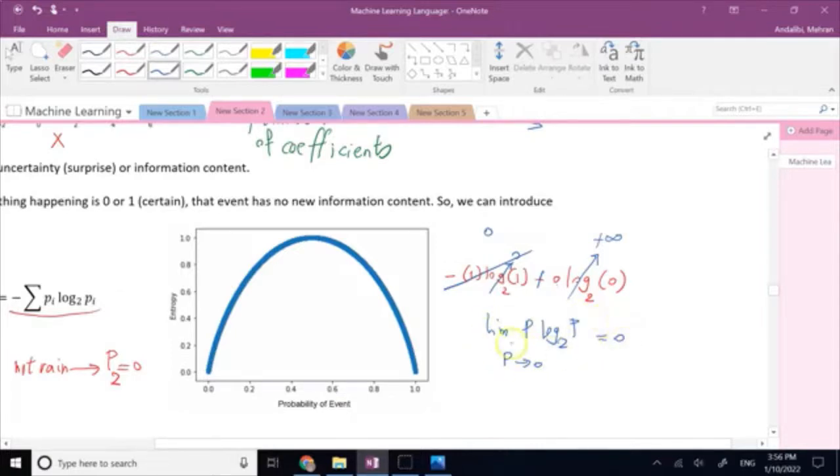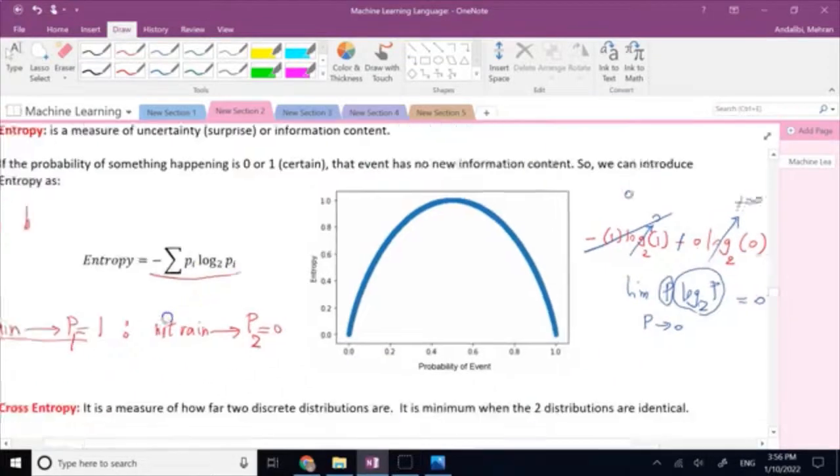Hopefully you know that from your calculus. You can use L'Hopital's theorem and disambiguate this and show that the limit goes to 0, because this term goes to 0 much faster than the other term goes to infinity. So the product will definitely go to 0. So the second term is also 0, so the total thing is 0.